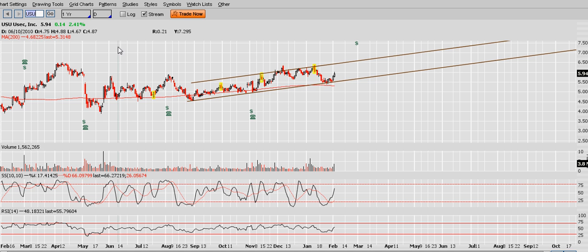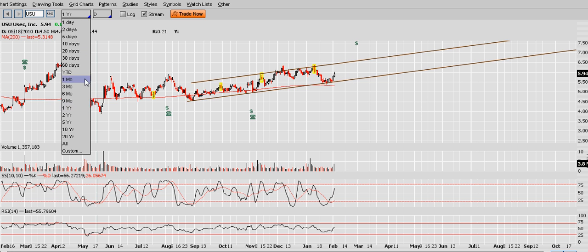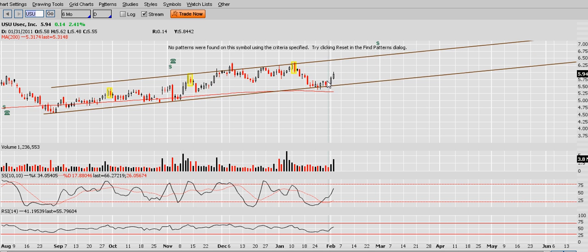The USU right now, it is in an upward channel, so right now you could probably expect this in the short term to, I'll zoom in again, we could expect that to move up to around $6.50 before taking another turn down, and we'll see what happens from there.